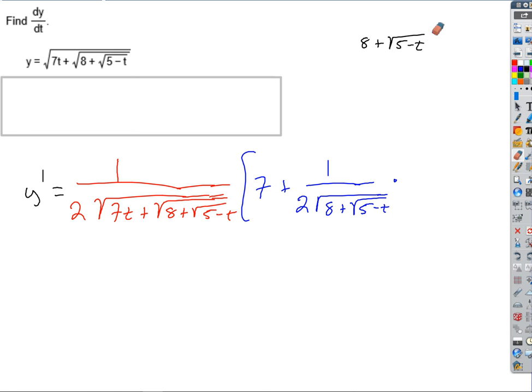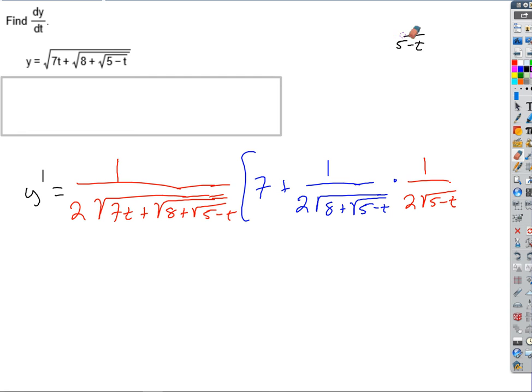What's inside, and what's the derivative of that? Well, the derivative of 8 is 0, and then the derivative of the square root of something is once again 1/2 times one over the square root of something. So there's my 1/2 times the square root of 5 minus t.